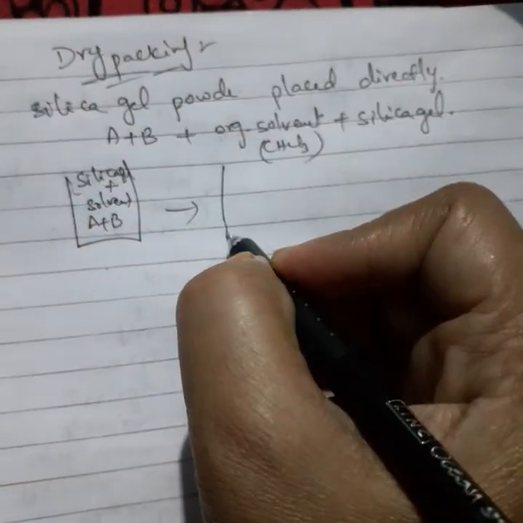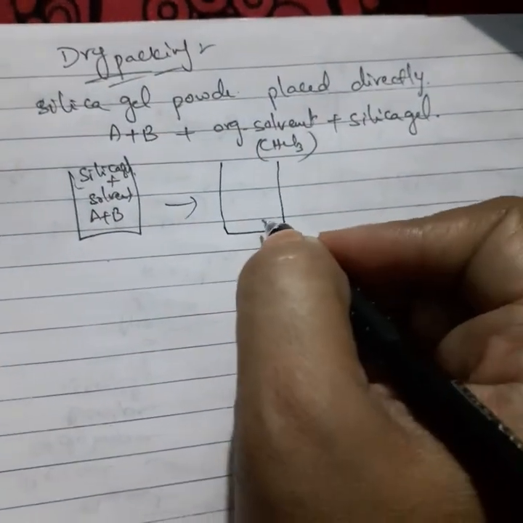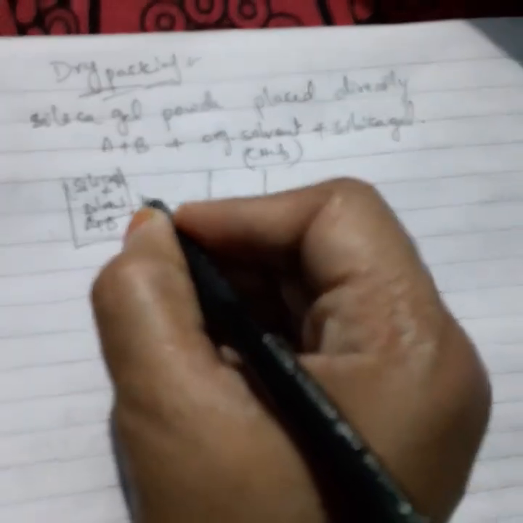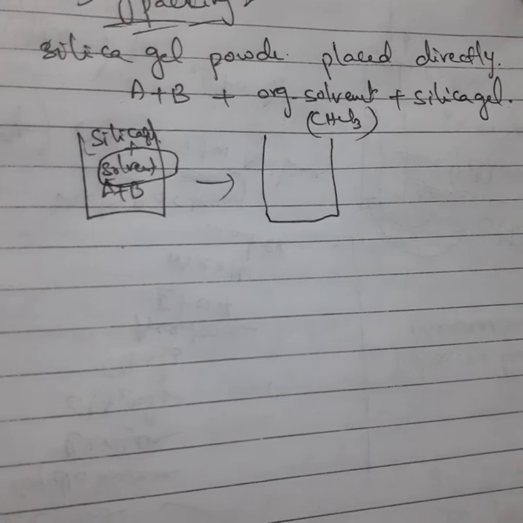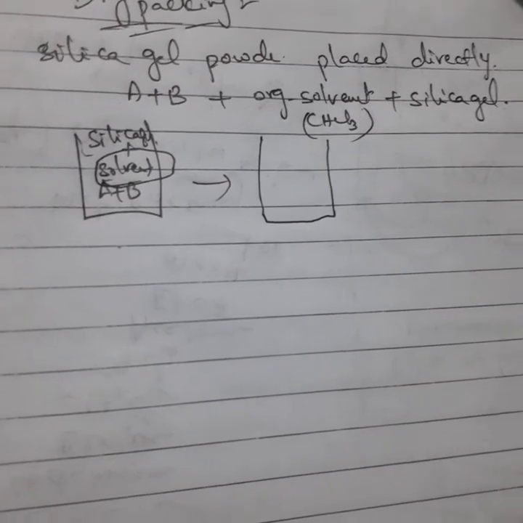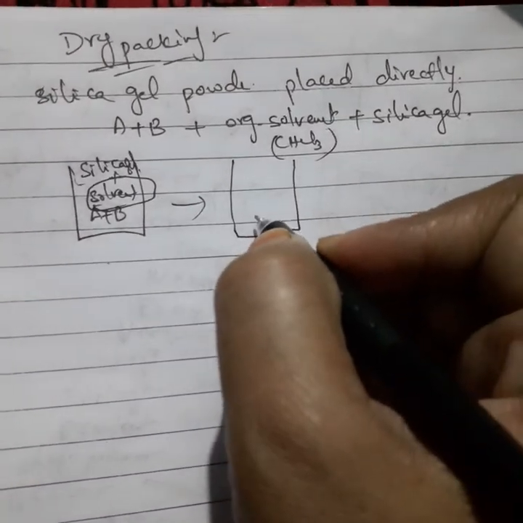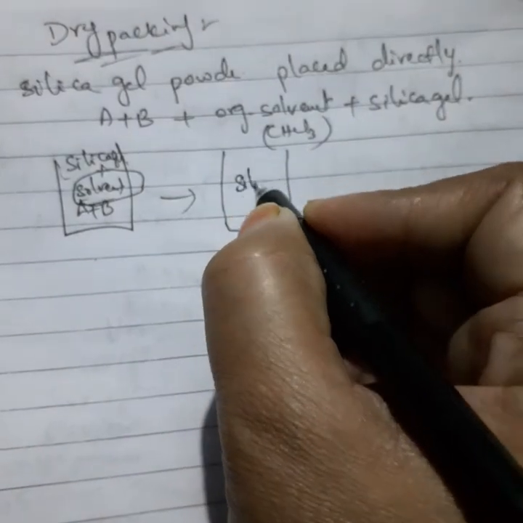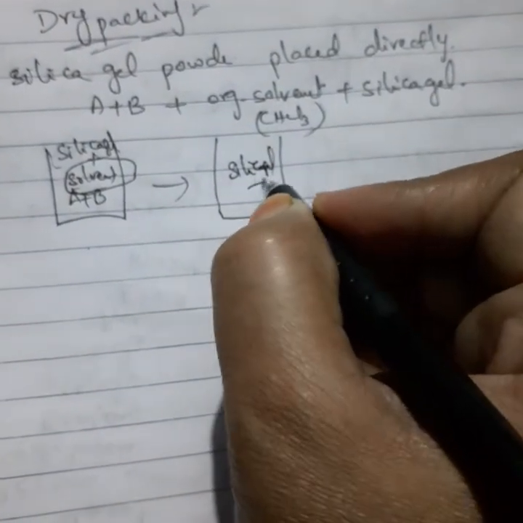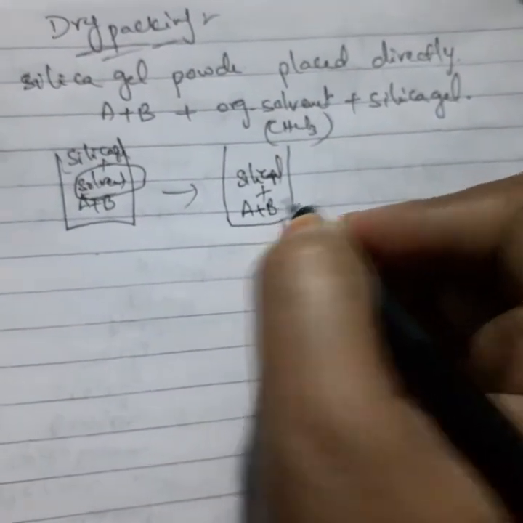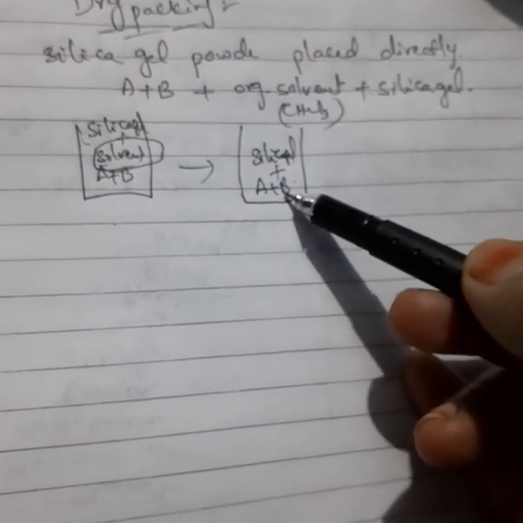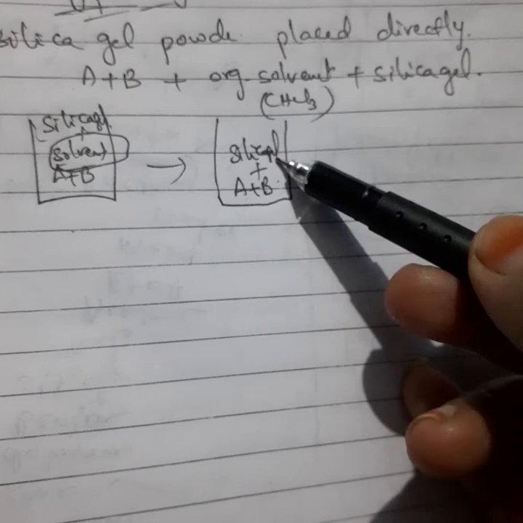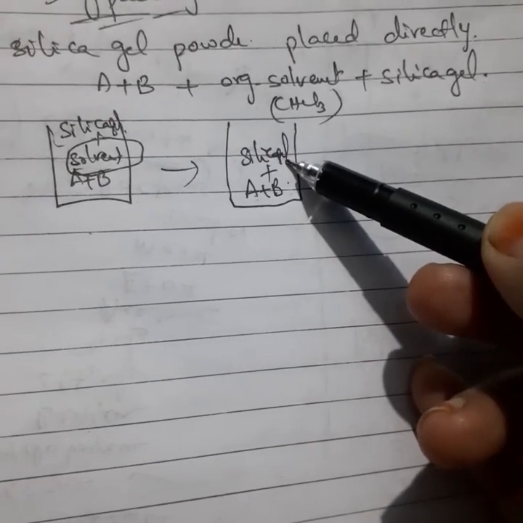Later on, by leaving that for some time, this organic solvent will get vaporized. Because it is volatile in nature, it will get vaporized. So finally what is remaining here is this silica gel as well as A plus B. These A plus B, that reaction mixture, is adsorbed to this silica gel powder.